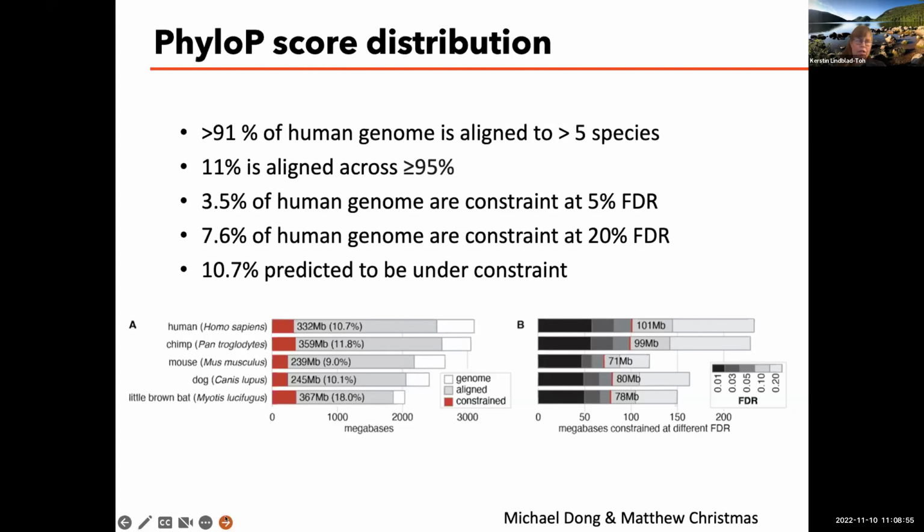Looking at the curves of constraint scores from neutral regions and the rest of the genome, we can predict that at least 10.7% of the genome is under constraint, even if we cannot yet detect it fully. And that, of course, matches very well with the 11% that is aligned.